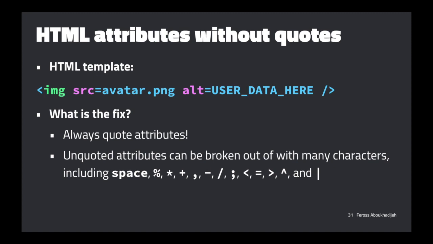But it turns out browsers have a really lax parsing policy, and I'm going to mention a little bit more about that in a sec. Basically, any of these characters will be treated as effectively ending this value and let you move on. So it's a bad idea to do this. Just don't do this. Always put quotes around your attributes, and then you don't have to worry about this problem. Make sense?